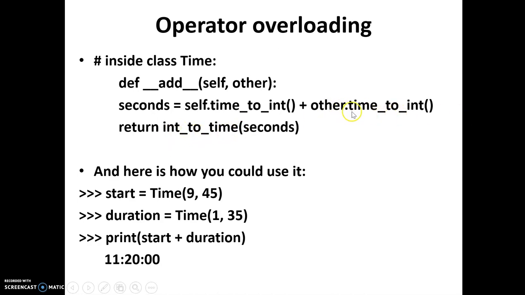Assuming that you already know what these functions do, we are explaining this example here. If you are not sure, please refer to the previous videos. The addition is performed, and what is returned will be displayed as the result. This is said to be operator overloading.